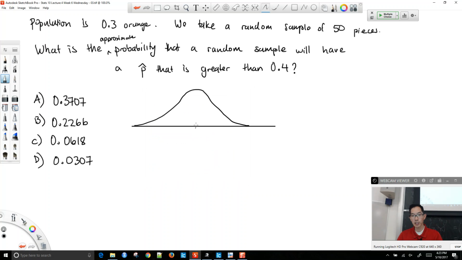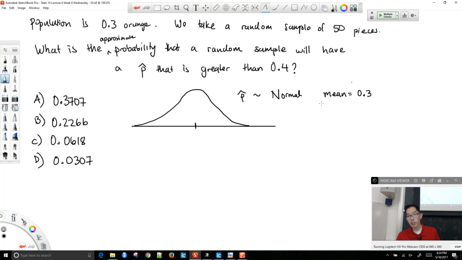All right, so the idea is, in the population, we know that 30% is orange, so when we take a random sample, we know that p hat comes from a normal distribution, and the mean is going to equal 0.3, meaning that when we draw a random sample, sure, our random sample could be higher than 30% or lower than 30%, but overall we expect it to be centered at 30%.